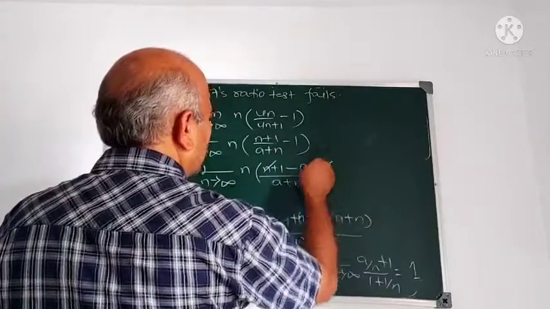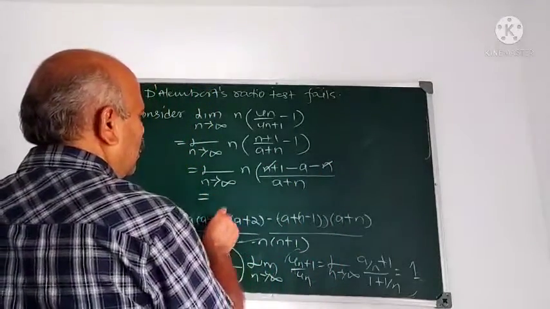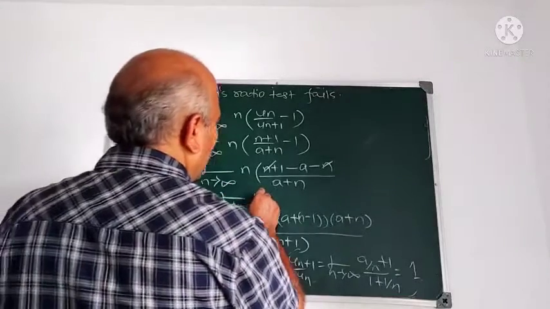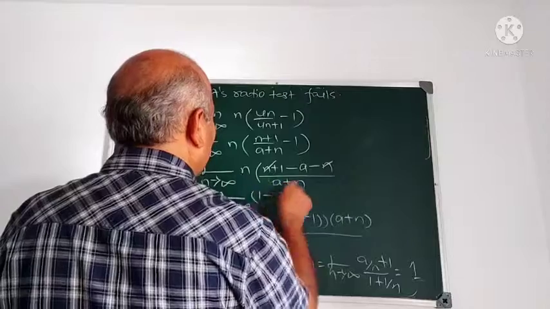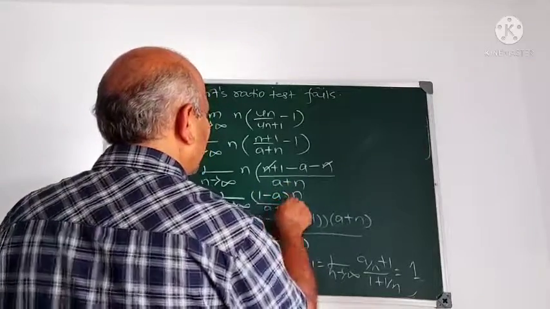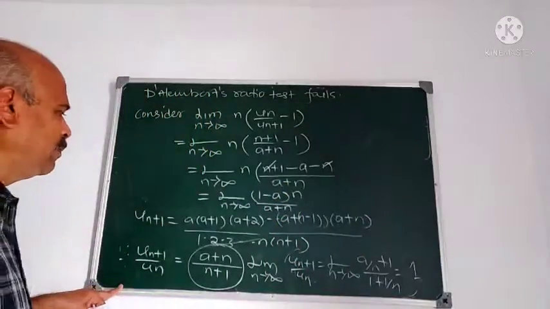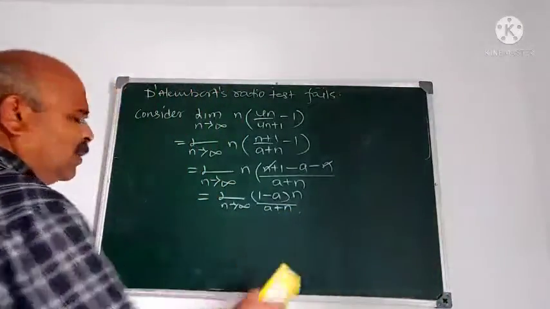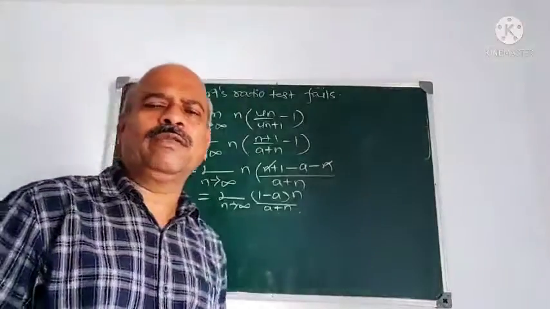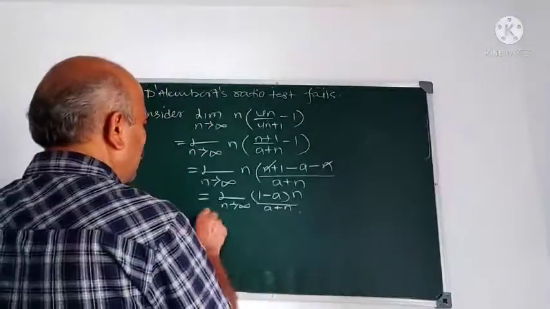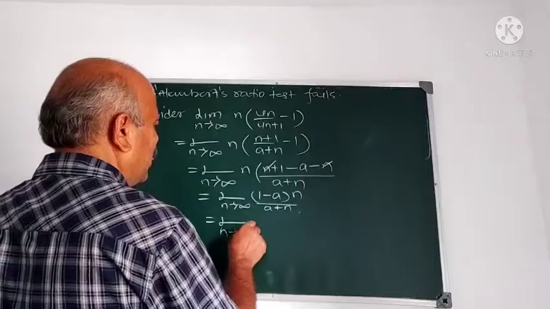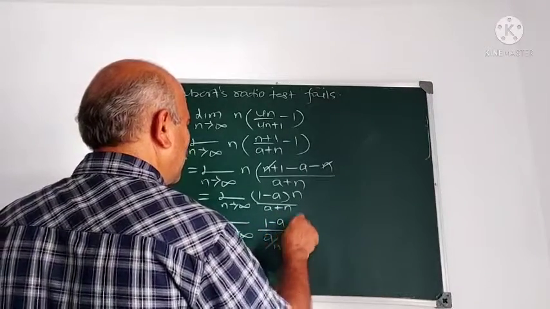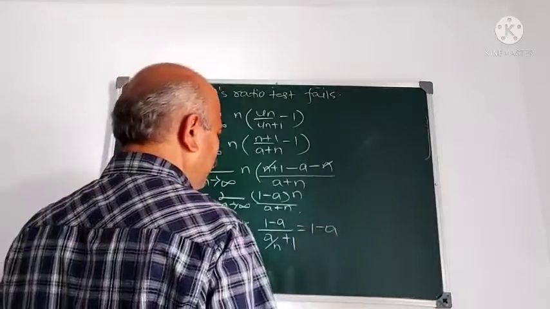Therefore it is limit n tends to infinity of (1 minus a) into n by a plus n. Now first find out the value of the limit, because convergence or divergence depends on the value of the limit. It is therefore limit n tends to infinity (1 minus a) divided by (a by n plus 1). It is 1 minus a.